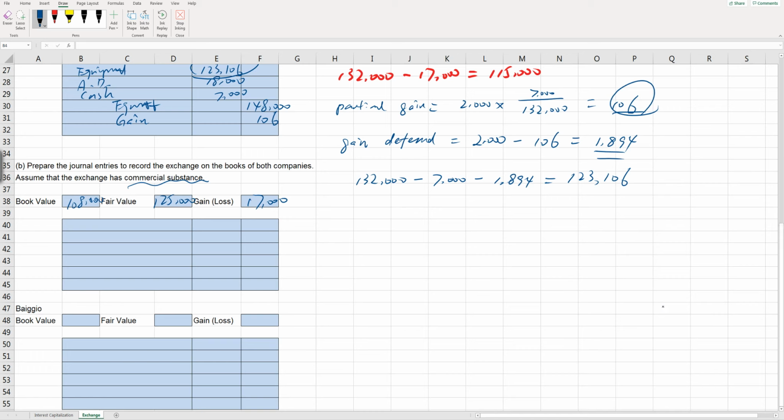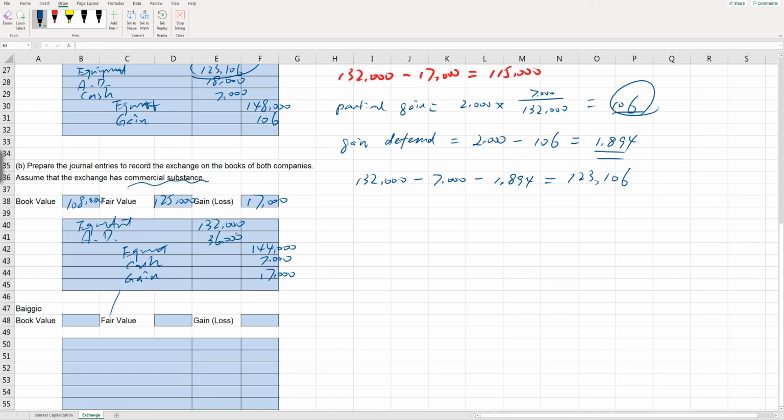Okay. So I debit equipment, $132,000. I'm going to do the same thing. Get rid of the old equipment. And pay cash, and recognize the whole gain.